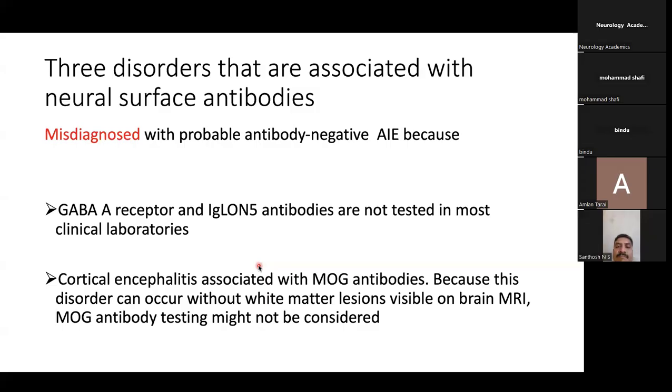Cortical encephalitis associated with MOG antibody can occur without white matter change on MRI, and in that case testing might not be considered.